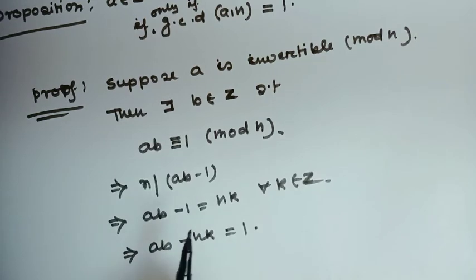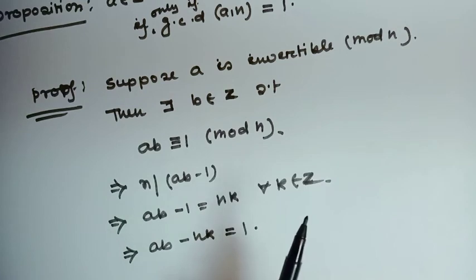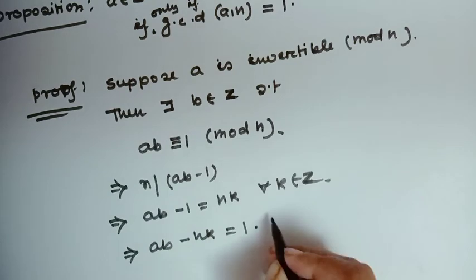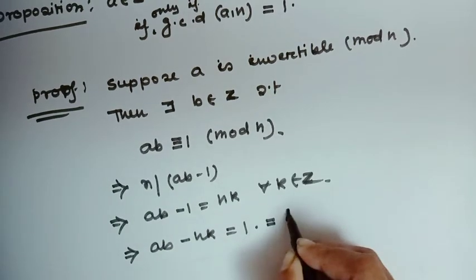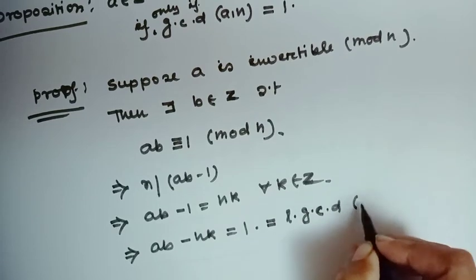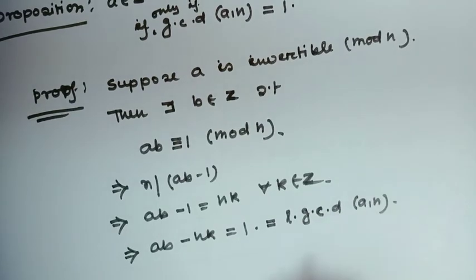We all know that every linear combination of a and n is a multiple of the GCD. So we can write 1 equals L times the GCD of a and n.